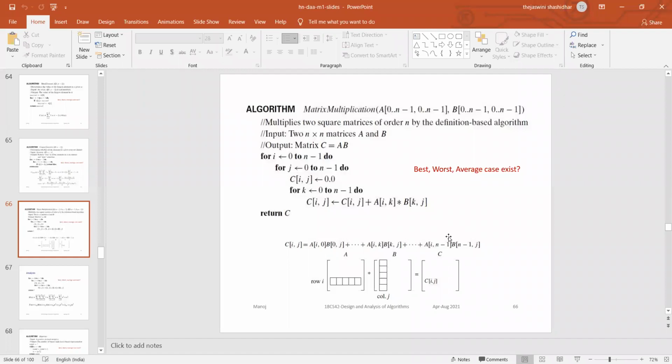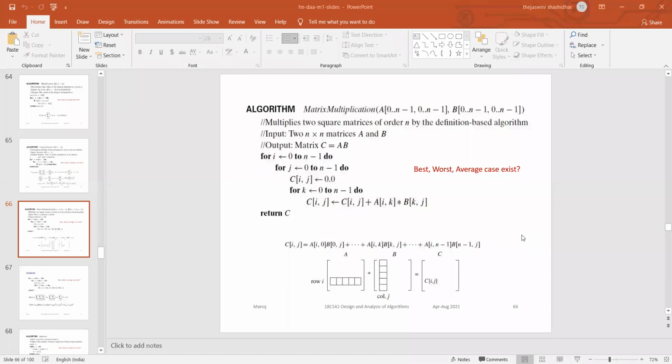Okay. Can you now tell what these i and j represent? Chat in the chat box. We have taken two variables i and j. What are i and j called?